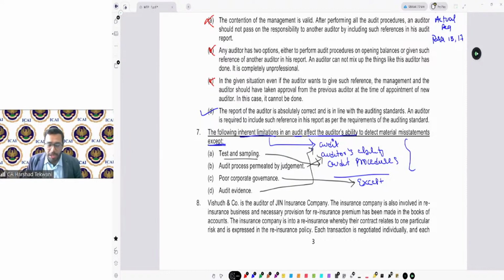The correct answer is C, poor corporate governance. Not A, because it affects; B affects; D affects. C does not affect. So you have seen the answer by the correlation way, and this is how you can find the answers. If your answer is D or B, that is incorrect. The correct answer is C, poor corporate governance.